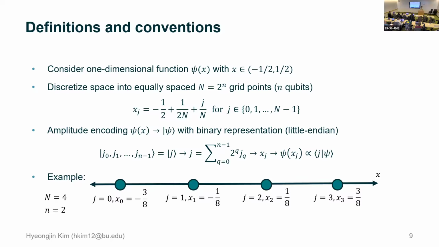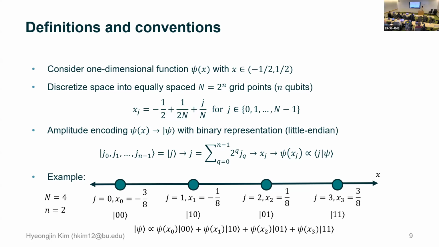This is also represented by the state of your qubits. The leftmost point is represented by 0, 0, and so on, until the rightmost is represented by the first qubit being at 1 and the second qubit being at 1 as well.